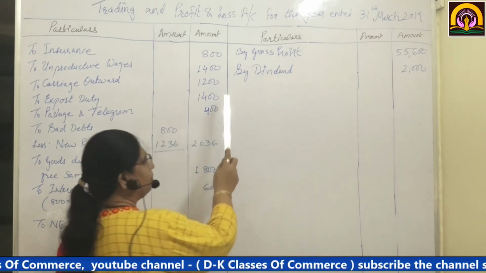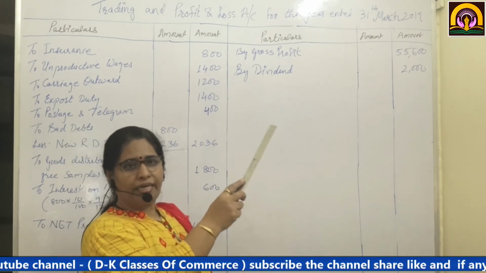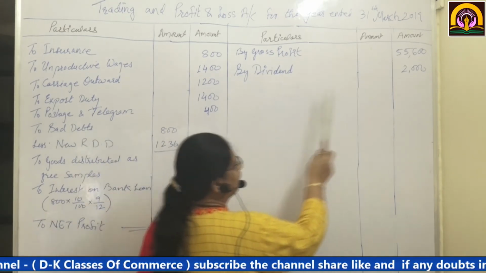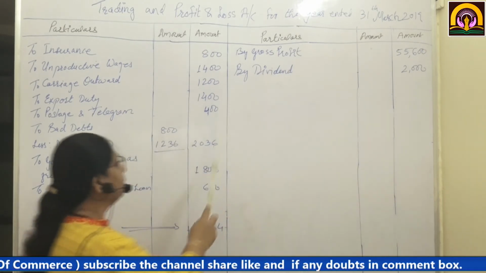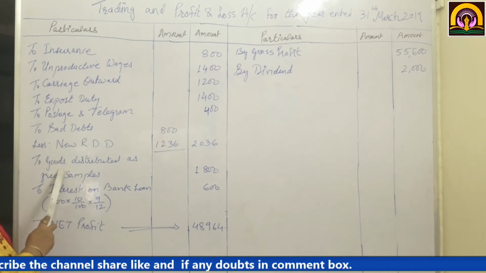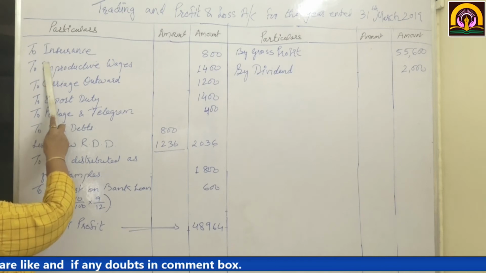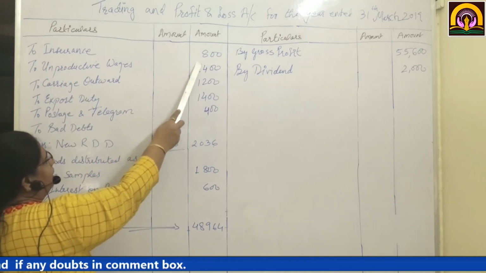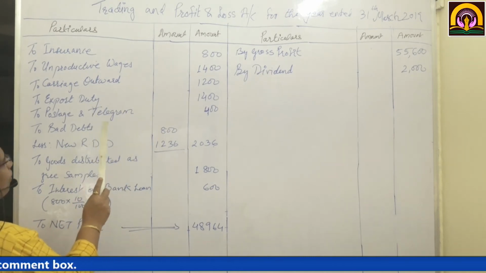Now dividend was written on the trial balance credit side, by dividend was mentioned. So rupees 2,000 we have written it over here. Then see, all the indirect expenses we will take into the profit and loss account. So first is insurance, 800. It does not have any adjustment, so I have written it in the outer column.